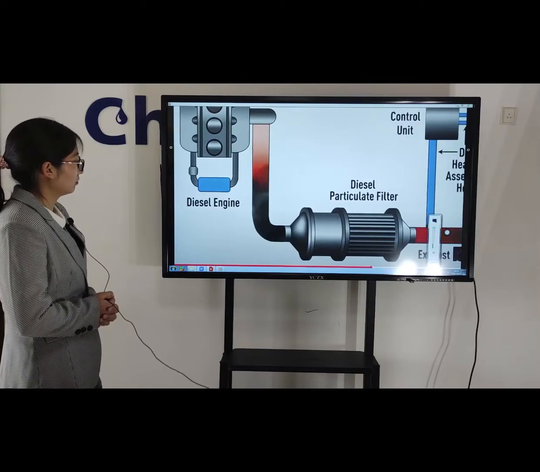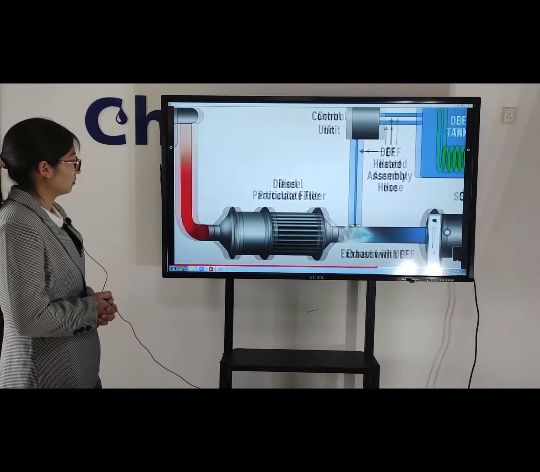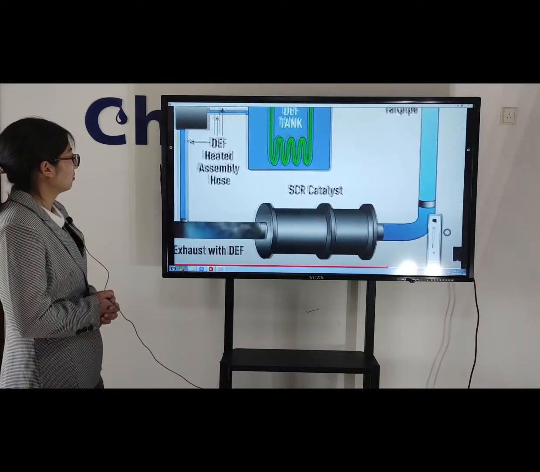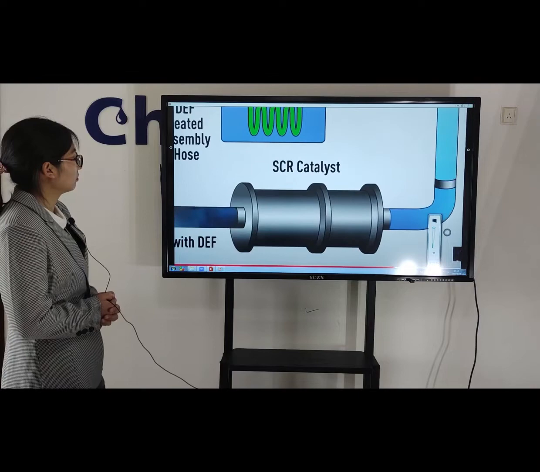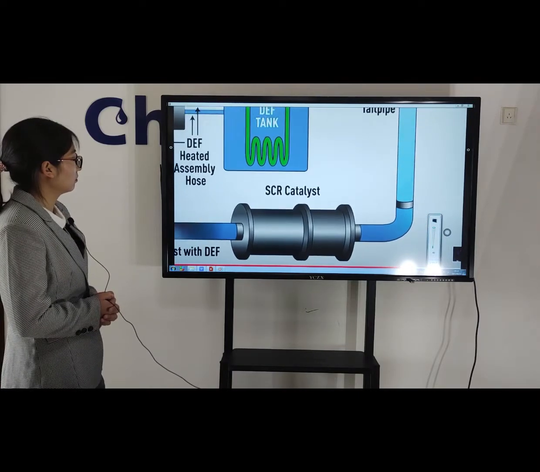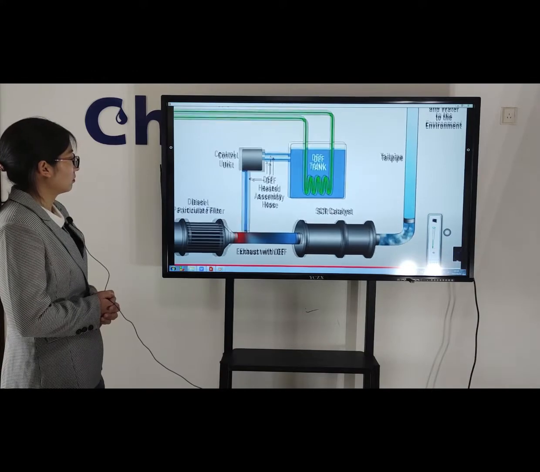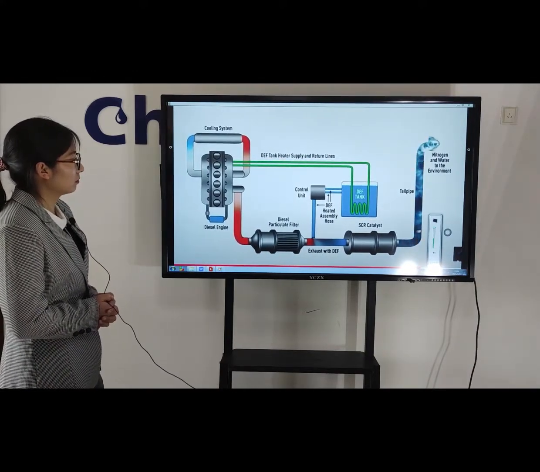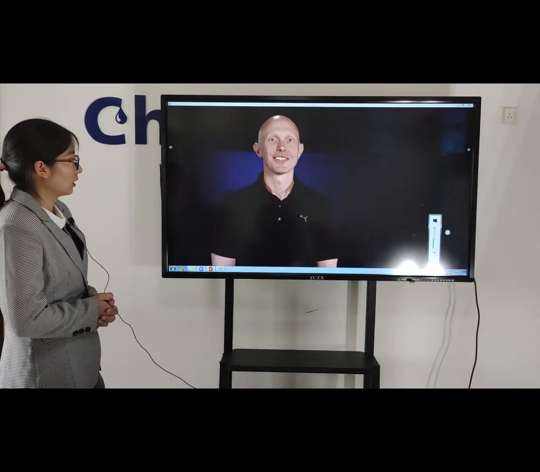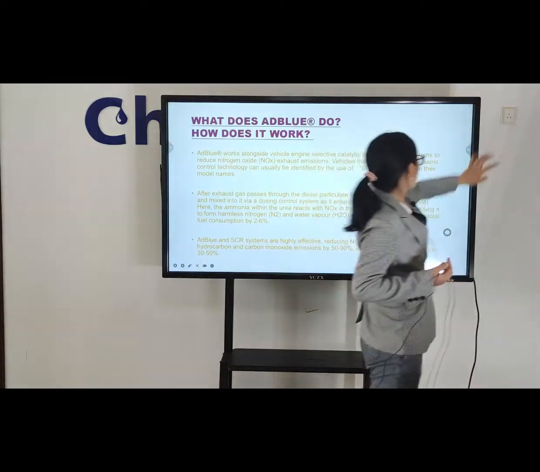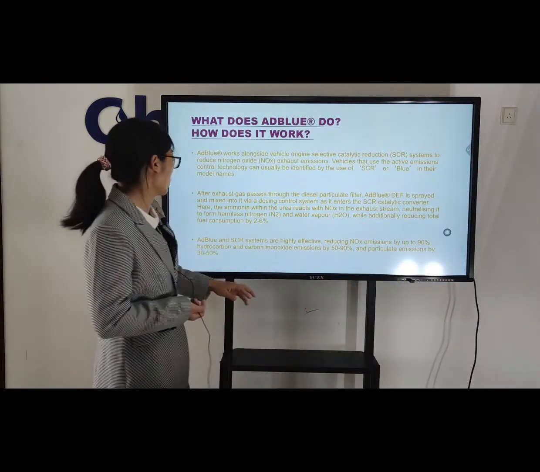Then the exhaust continues downstream to where the DEF fluid is injected into the SCR catalyst. Inside this canister, the nitrogen oxides of the vehicle exhaust mix with the DEF and the chemical reduction is performed. At the exit of the tailpipe, particulate matter and nitrogen oxides are theoretically at near zero levels. SCR technology is called selective. Okay, after watching this video, I guess it will be more clear how the SCR system works.